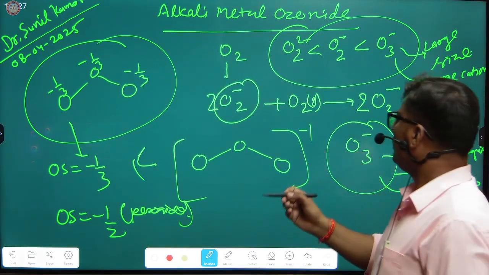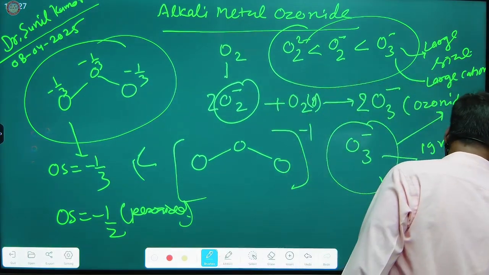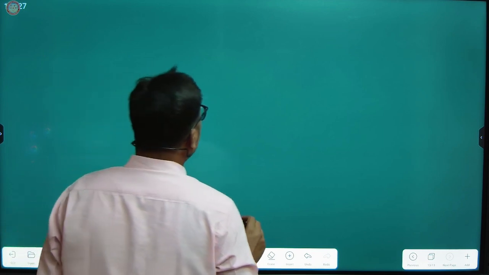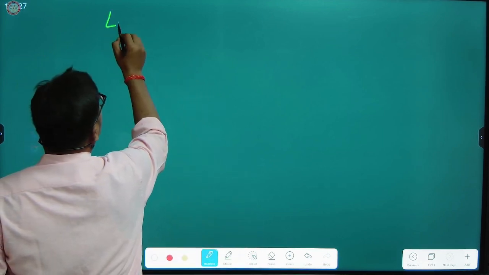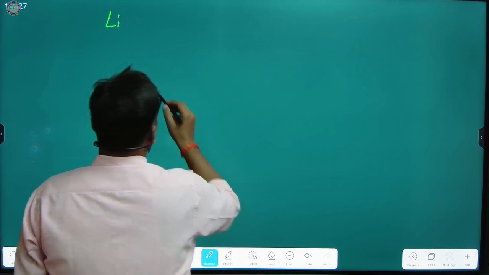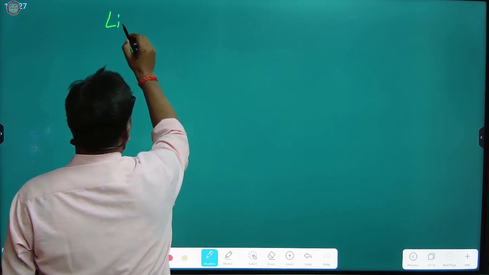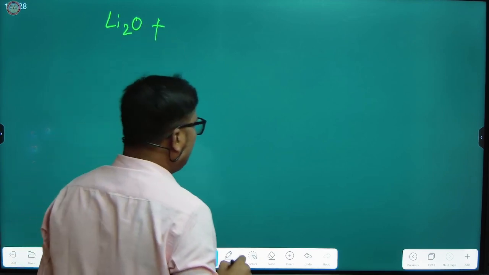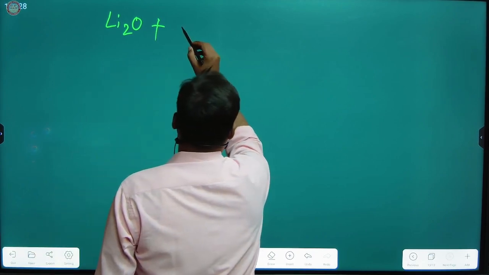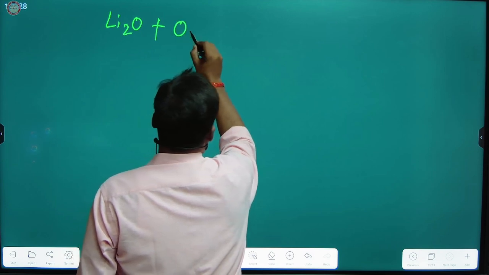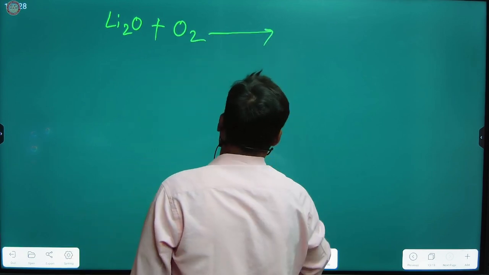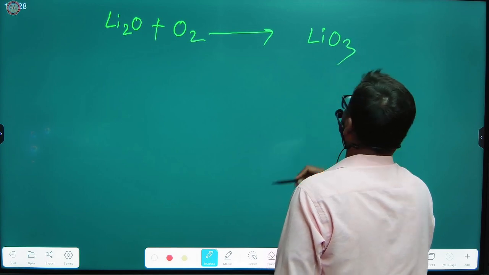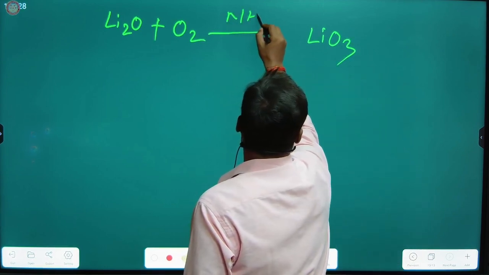So what is the chemistry, how does it form? In the formation of alkali metal ozonides, like lithium oxide Li2O reacting with oxygen in the presence of liquid ammonia, it can form LiO3 in liquid ammonia.